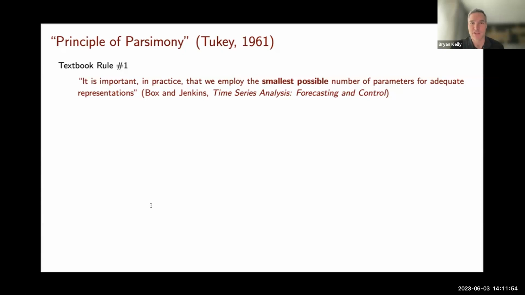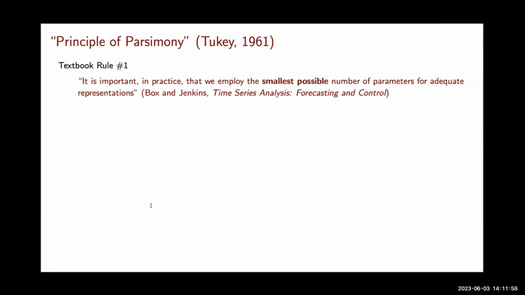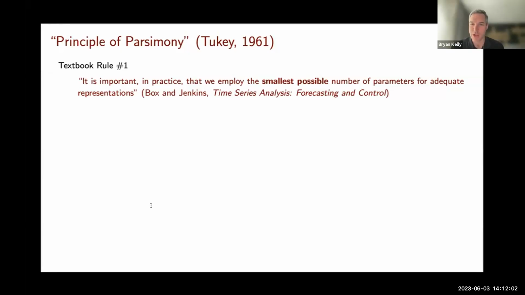If you open up that textbook, in the first chapter there are basic rules of model building. The first rule is that it's important in practice that we employ the smallest possible number of parameters for adequate representations, right? They refer to this as the principle of parsimony.